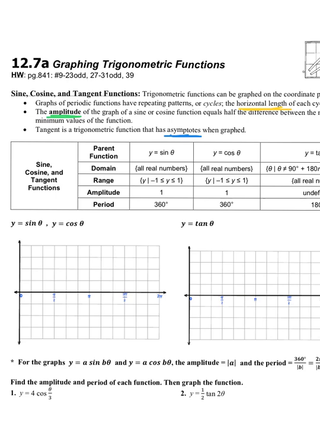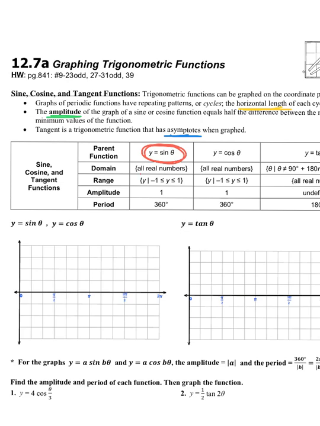We're going to talk about this sine graph, the parent function, where y is equal to sine of theta. We're going to consider theta to be in radians. You can graph it in degrees, but we're going to do the x-axis in radians right now.